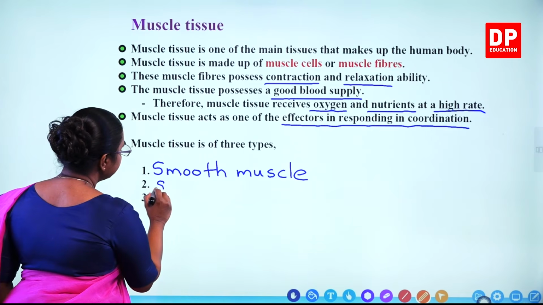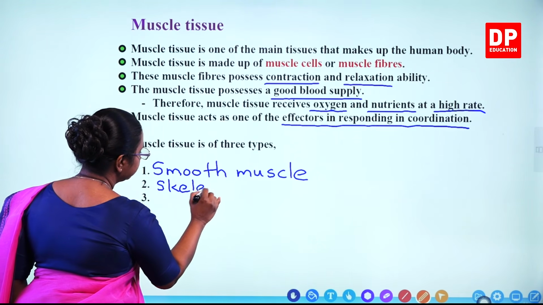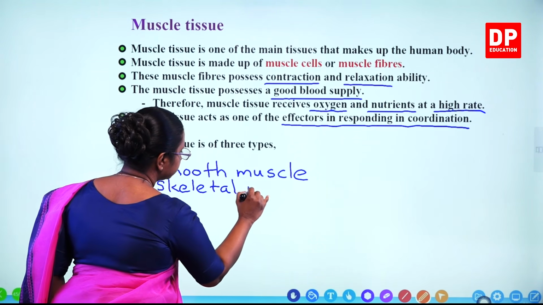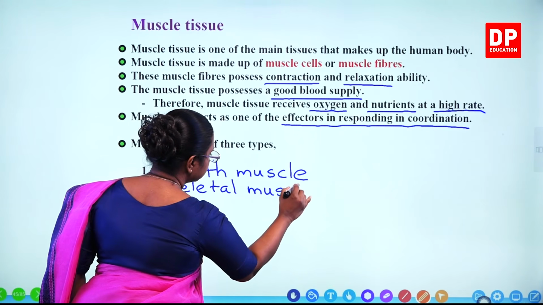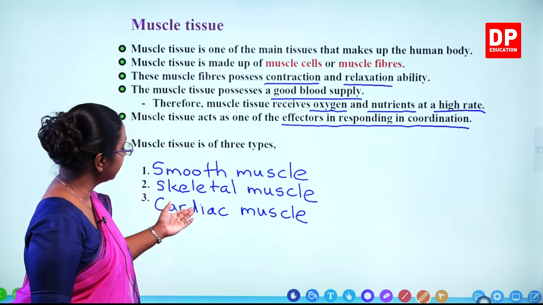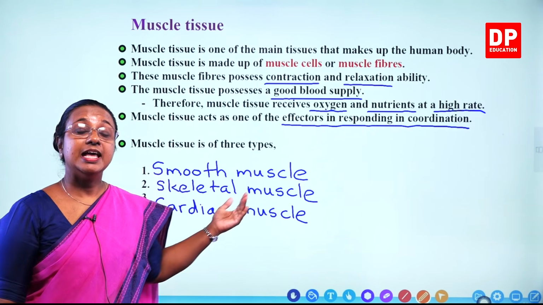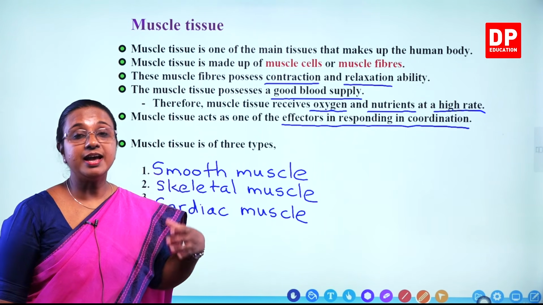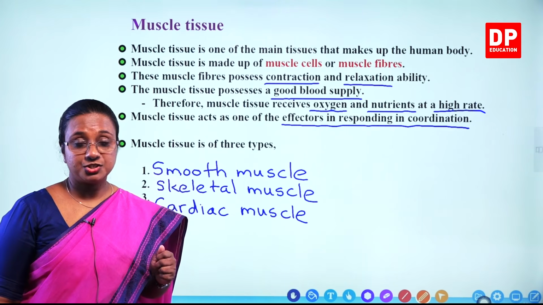The other one, skeletal muscle. And we have the cardiac muscles. So we have the smooth muscle, skeletal muscle and cardiac muscle. They differ in their structure as well as their function.